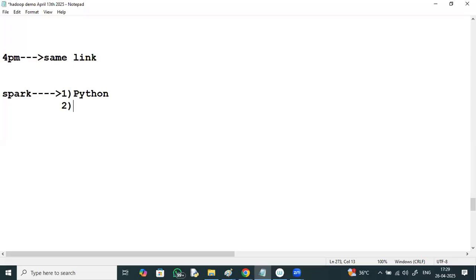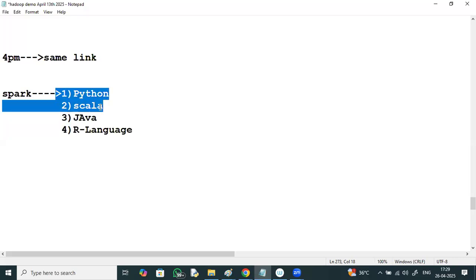Spark can be implemented using Scala. Spark has multi-language support, multiple languages it is supporting, right? These two are never used, never preferred. Only these first two are preferred.